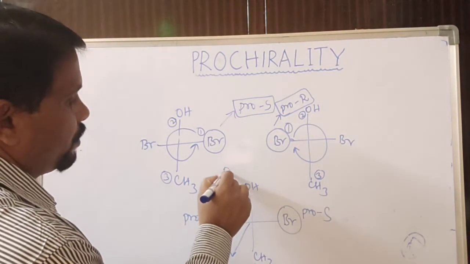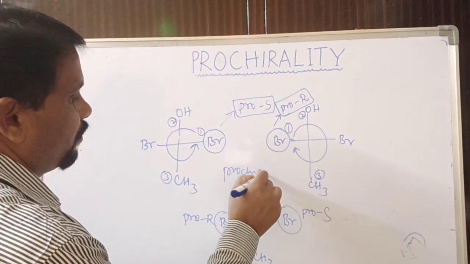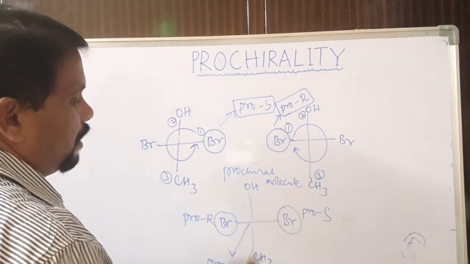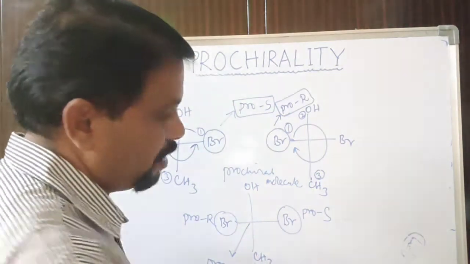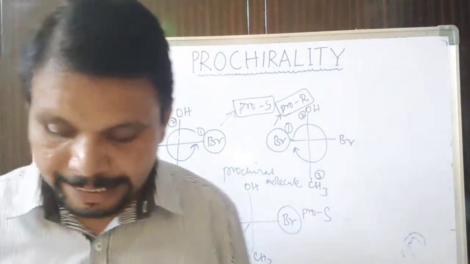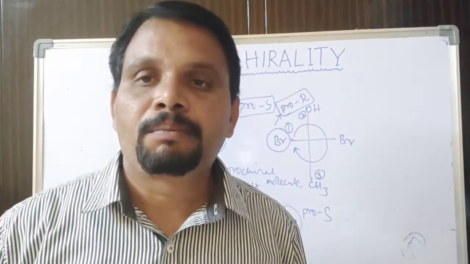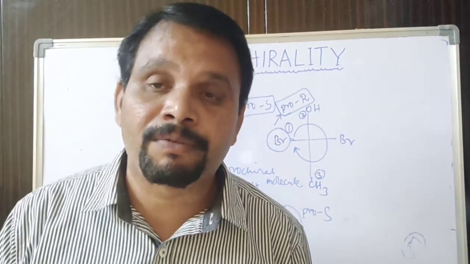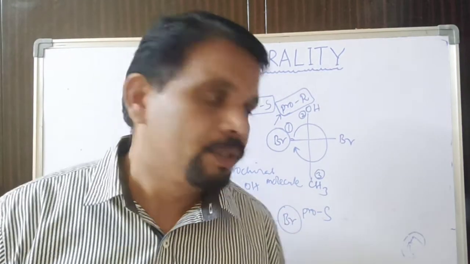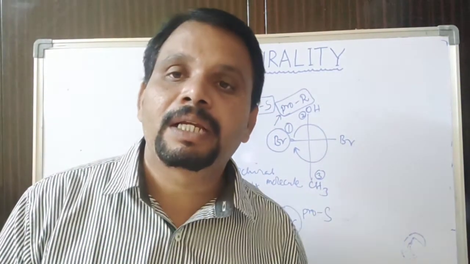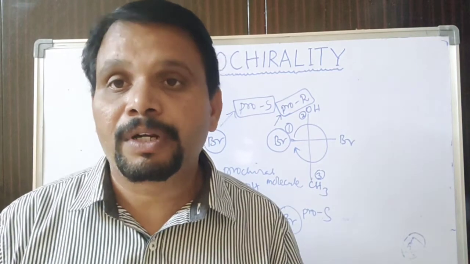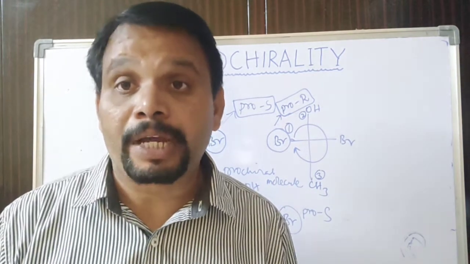This molecule is a prochiral molecule. This prochiral molecule is able to produce chiral stereoisomers in one step of reaction. Therefore, this property is known as prochirality.